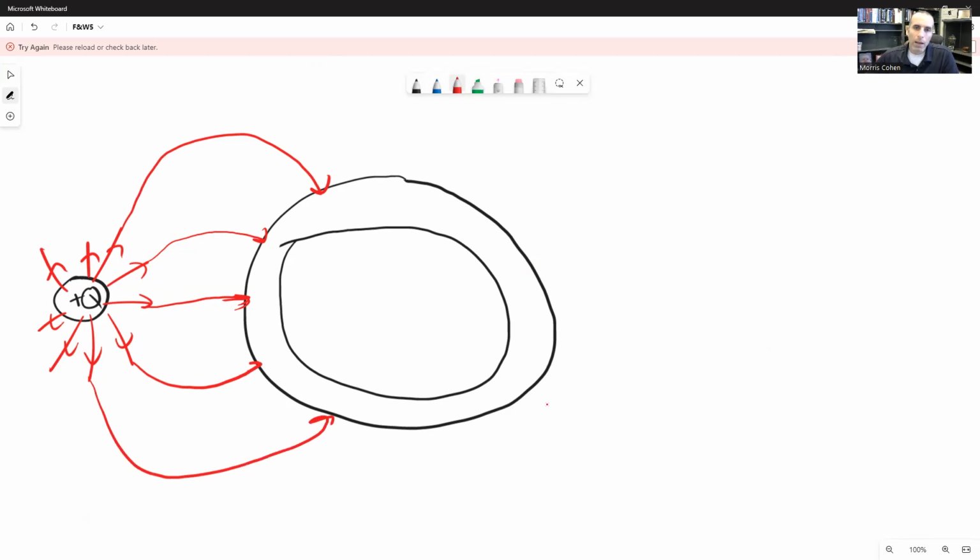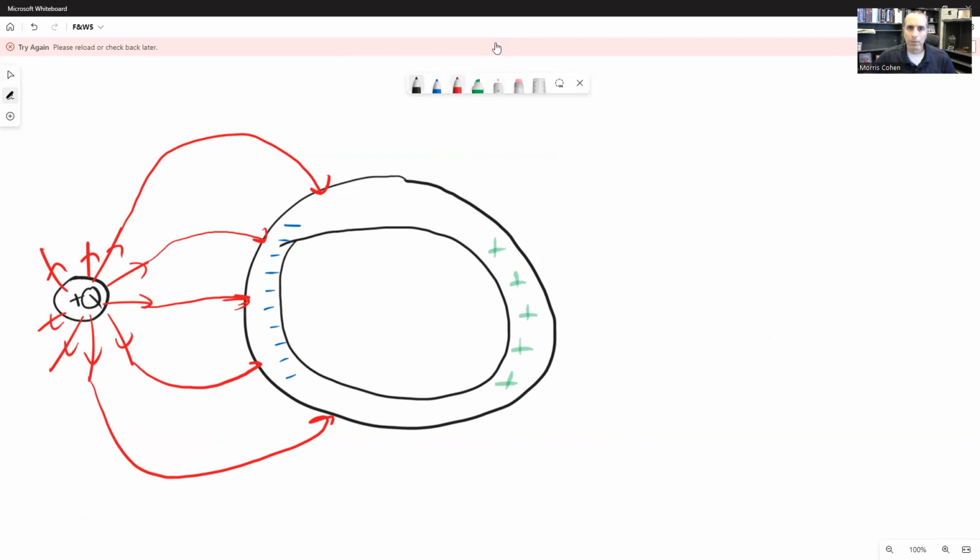The other thing that's going to happen is this positive charge is going to draw a bunch of negative charges to the left. Those negative charges are drawn toward the positives. At the same time, the positive charges are driven the other way, so they're going to go to the other side of the shell. So the way we should view this is that this positive and negative charge is creating a secondary field.